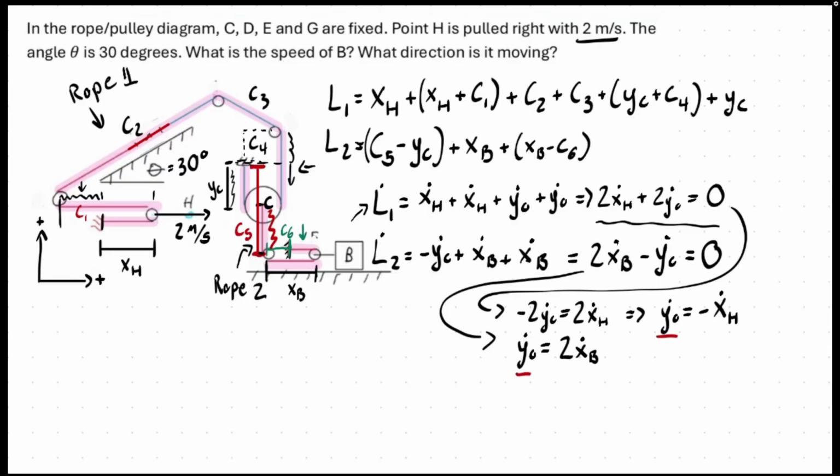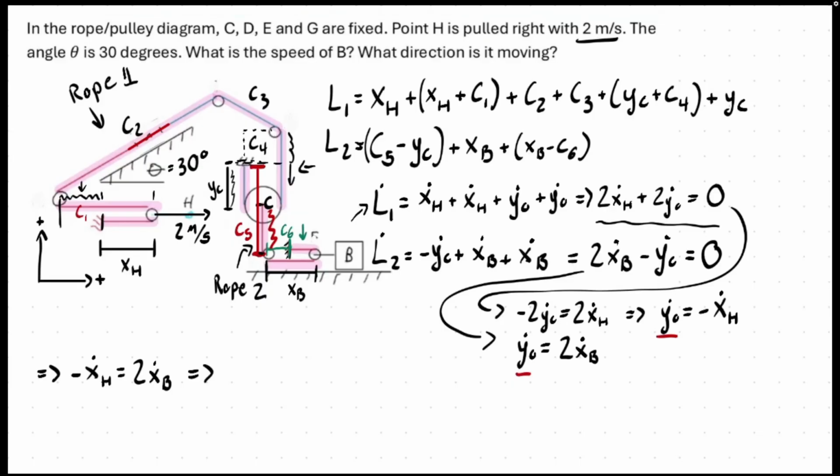So we can just equate the other side of both of these equations. Negative XH dot equals 2XB dot. Now we have an equation that relates H and B, which is what we want, because we're given a motion for H and we want to find the motion of B. So let's convert these into their velocities.